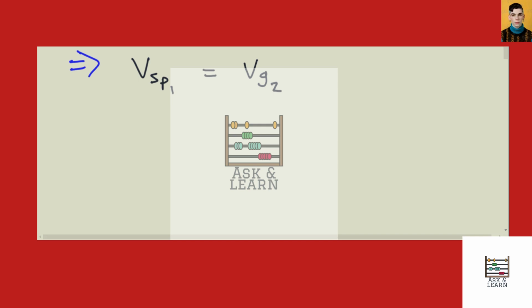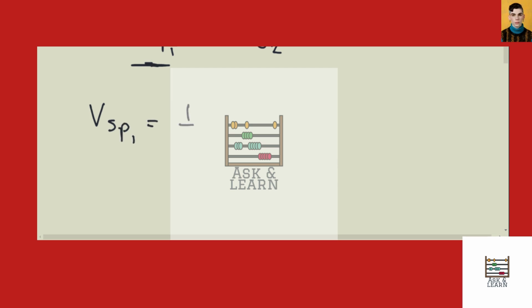So then if we look at this side, potential energy of the spring, we have V_SP1 is equal to 1/2 kB x1 squared plus 1/2 kC x2 squared. So the potential energy of both springs. So now we plug in our numbers.